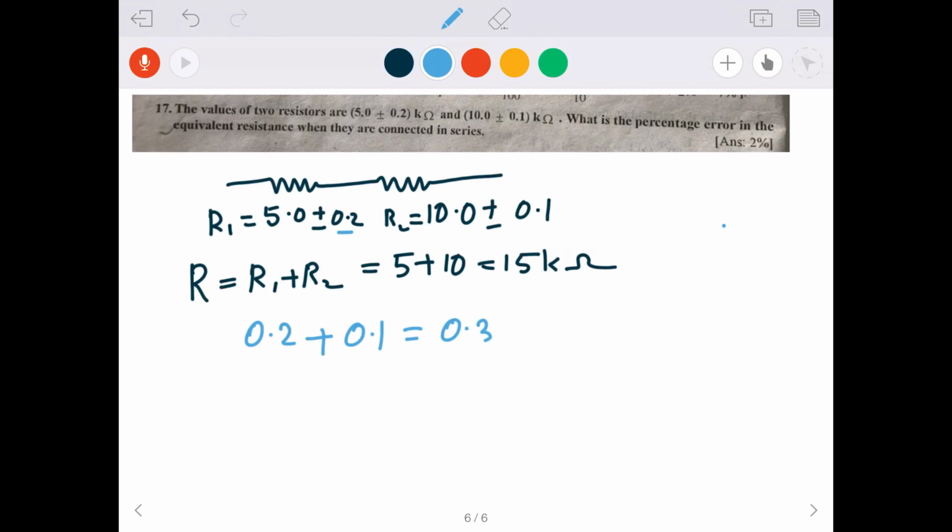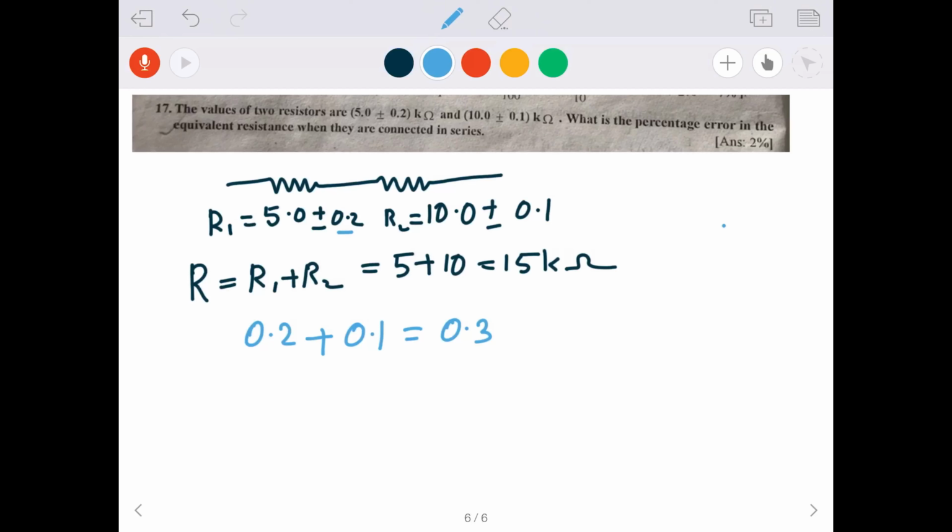Now what is our next aim? Very simple, the percentage error we want to calculate. The percentage error will be the mean absolute error divided by the mean, into 100. That was the formula when we studied the theory.